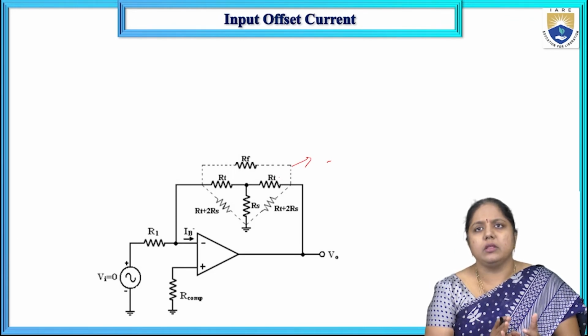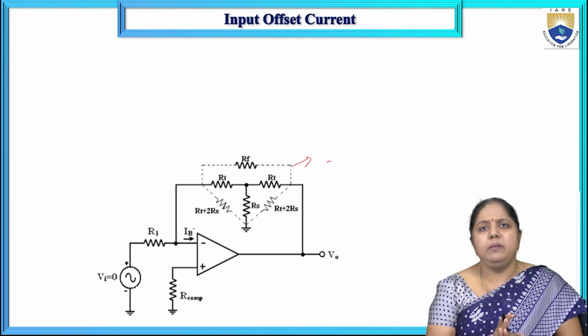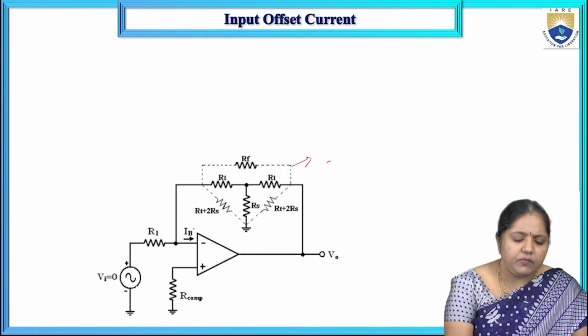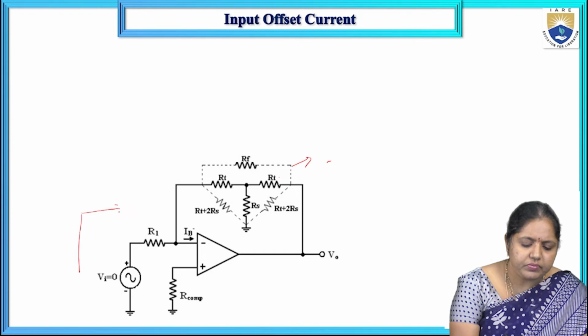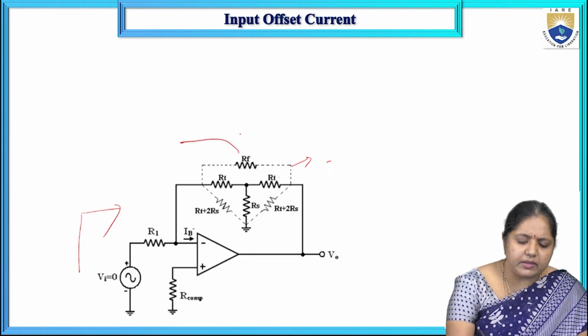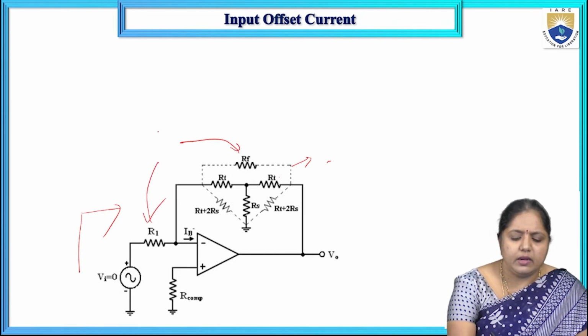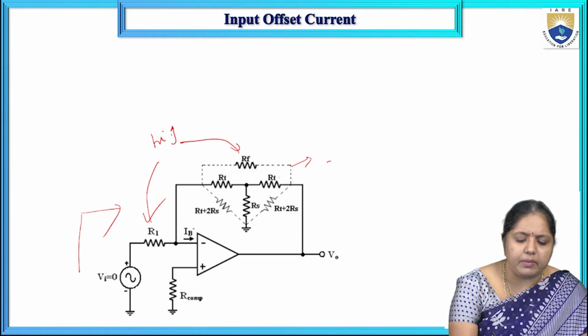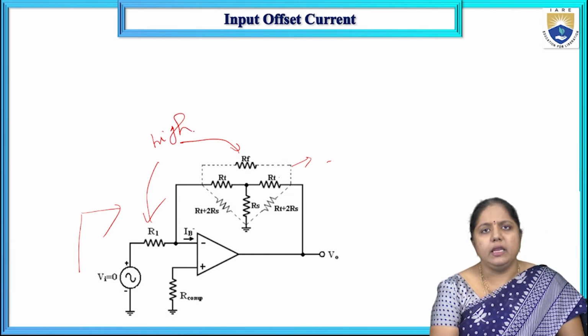What is the advantage of this T type of network? From the input side, the feedback resistance RF value is high and the R1 value is also high, so the resultant input impedance of the op-amp is a high value.